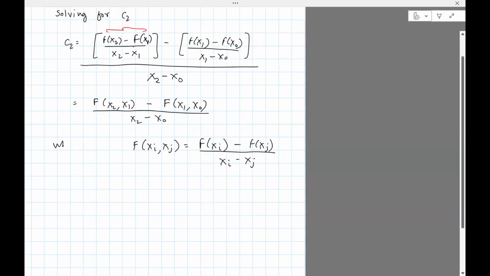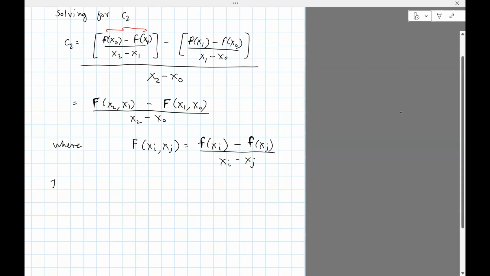Yeah, it's uppercase. This is lowercase. Lowercase, this is uppercase.